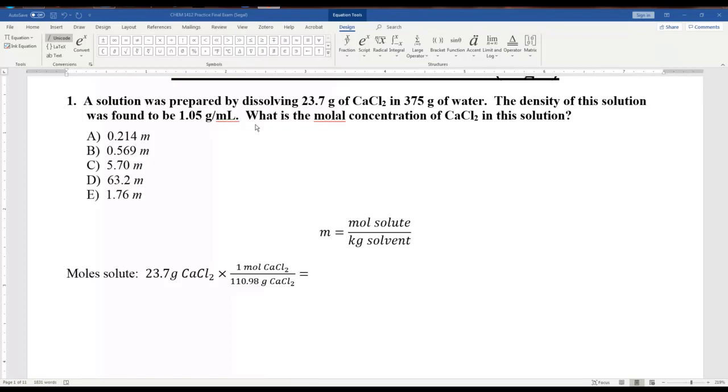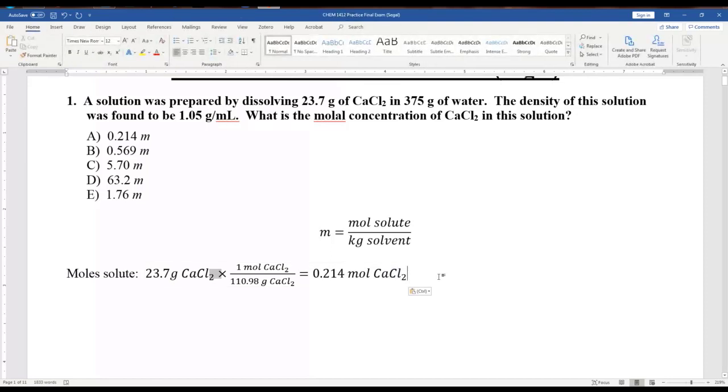Yeah, so that's going to be 0.214. Very good. So 0.214 moles of calcium chloride. Now note something interesting here. They start with only 3 sig figs, so you only have 3 sig figs in your answer. So that's good. Now we have the moles of calcium chloride.